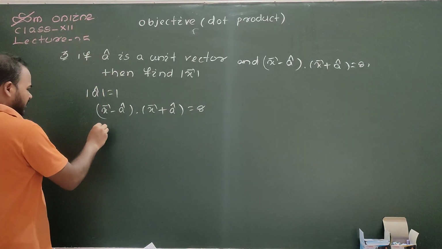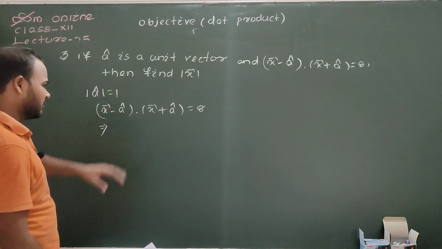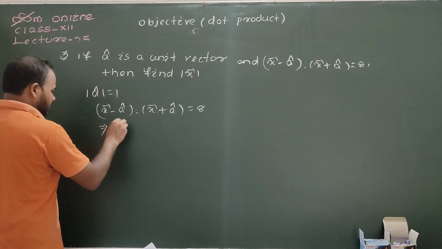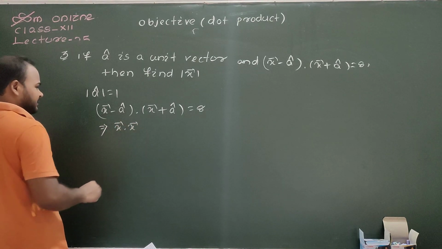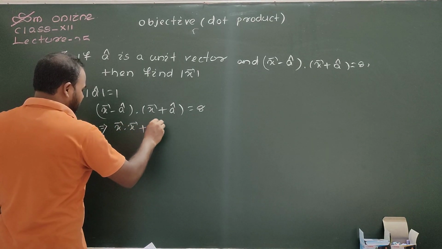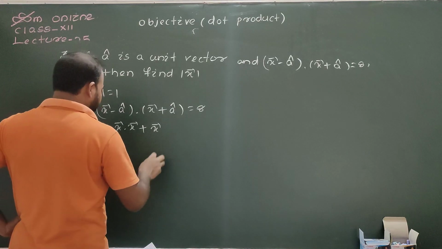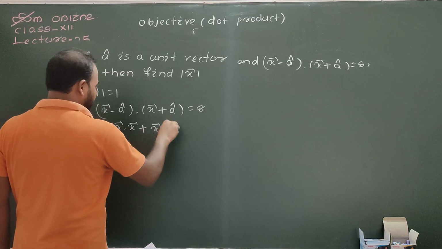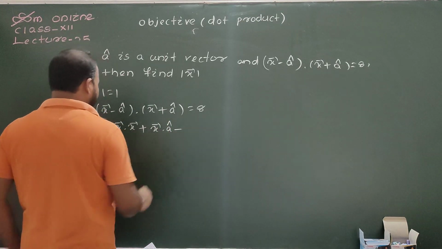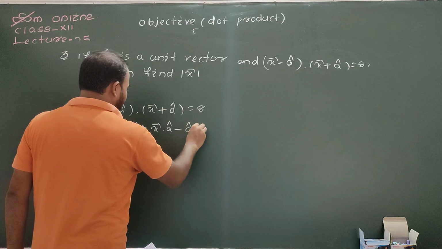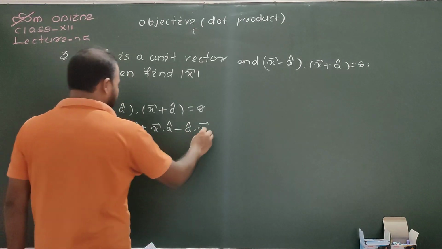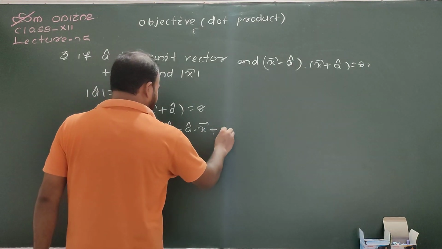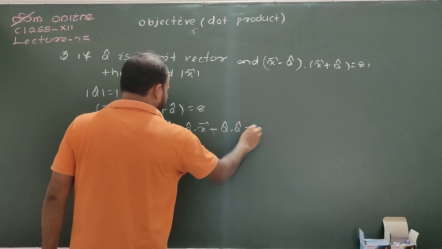We know that the dot product is distributive over vector addition, so it is equal to x dot x plus x dot a cap, minus a cap dot x, minus a cap dot a cap, equal to 8.